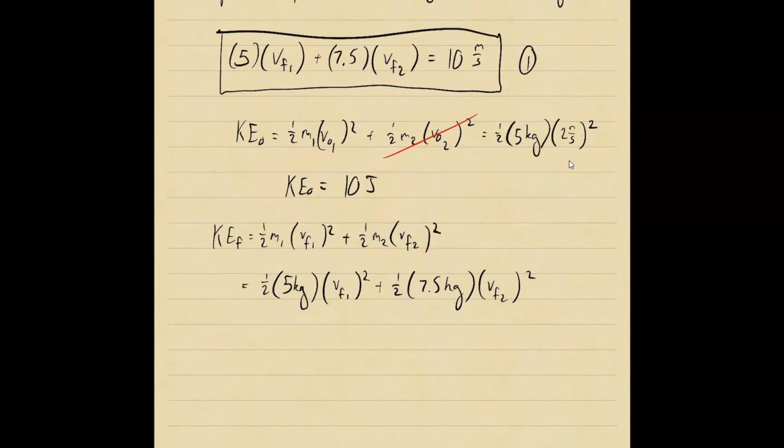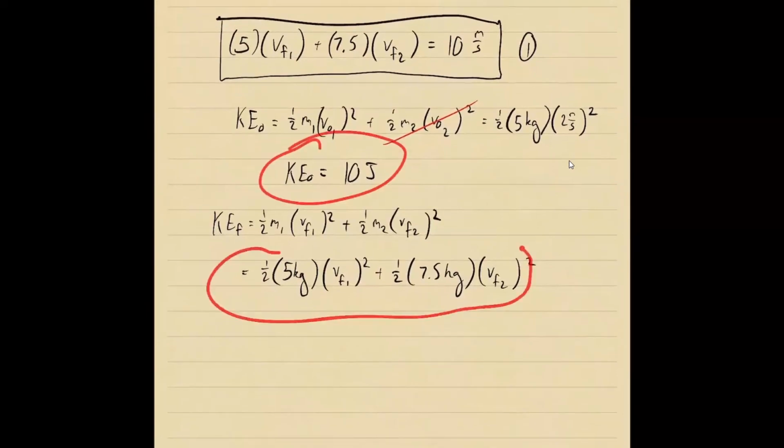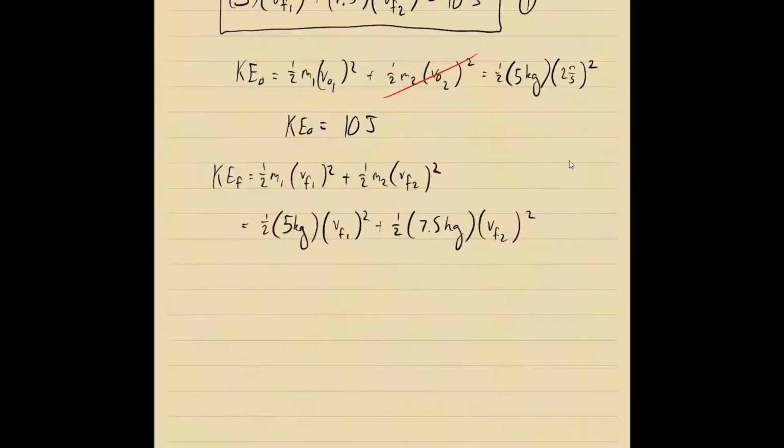We have, and I'm going to multiply both our initial and our final kinetic energies by 2 to get rid of these pesky 1/2s. So this is going to be 5 times the final velocity of our first ball squared plus 7.5 times the final velocity of our second ball squared.